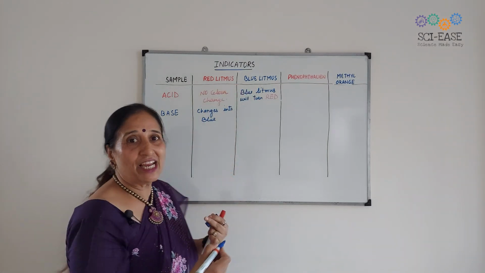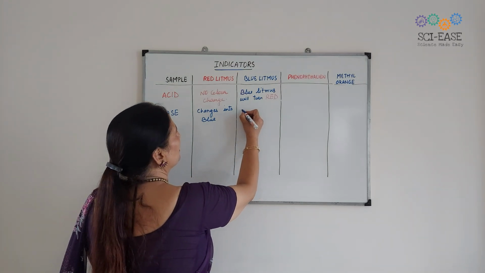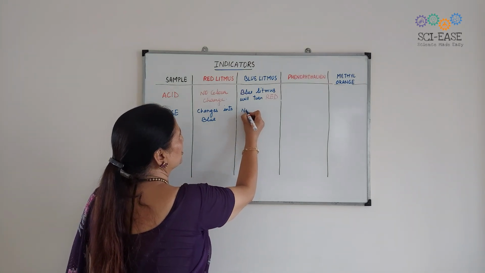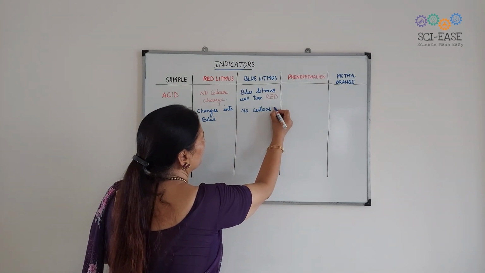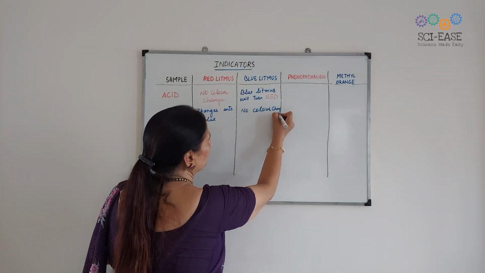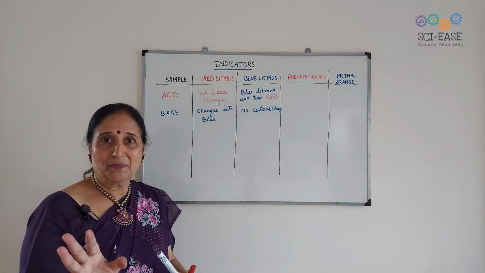And will there any change in the blue litmus? No. Blue litmus will remain no color change. You will write here no color change. Okay. So this you are to remember.